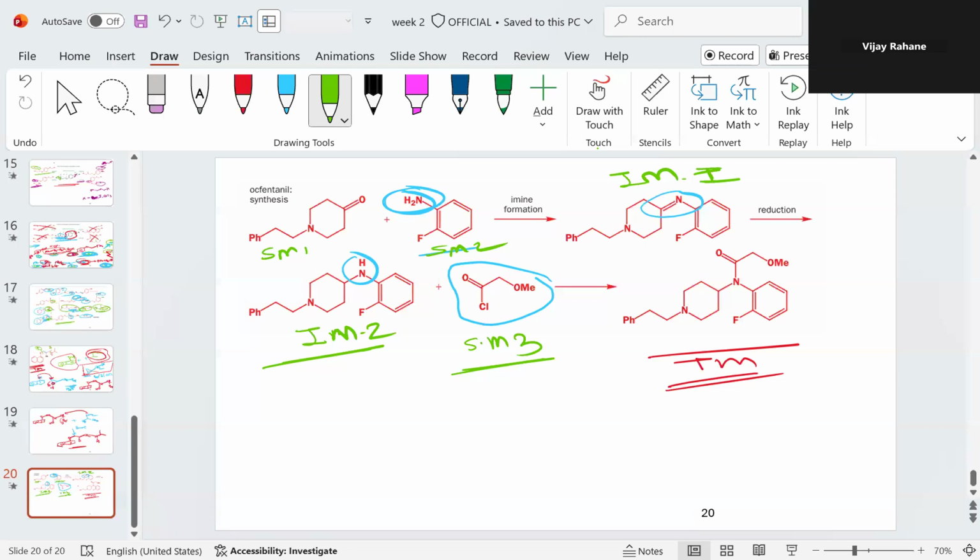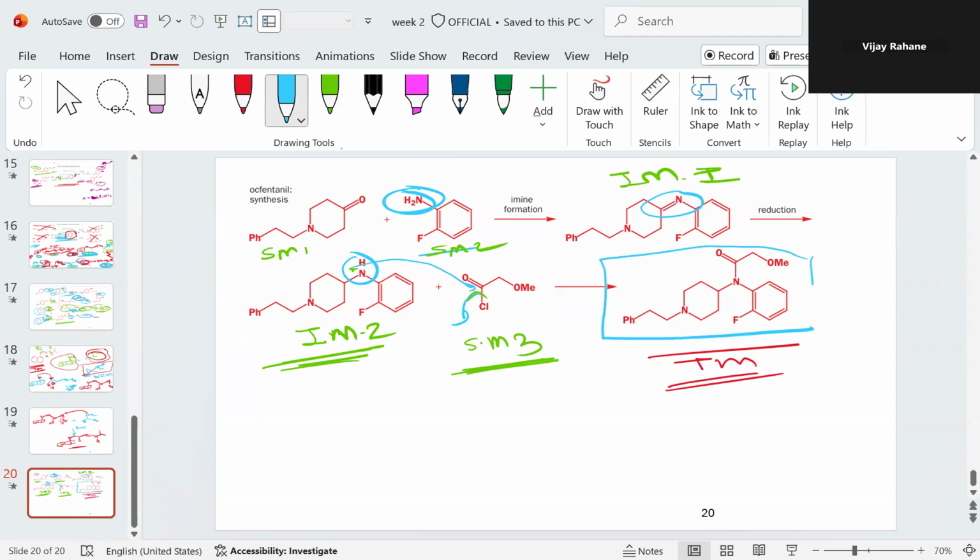So this intermediate two, when you couple it with starting material three, which is the acyl chloride, what will happen? The lone pair on the nitrogen of this NH2 attacks the carbonyl center, and the chlorine gets eliminated. So we get our final molecule. This is the forward synthesis of this molecule.